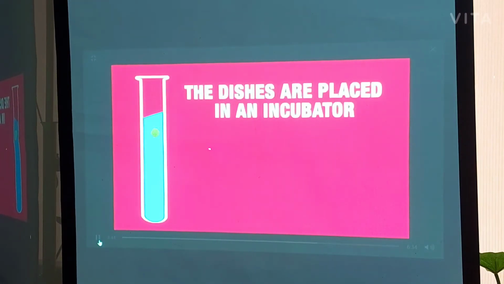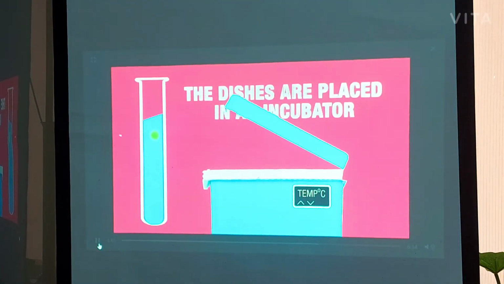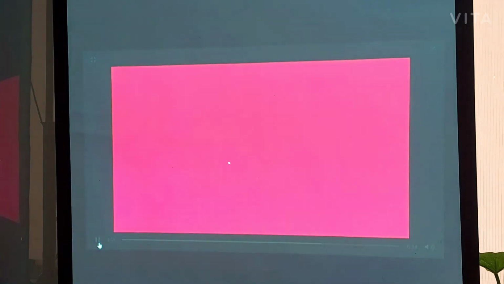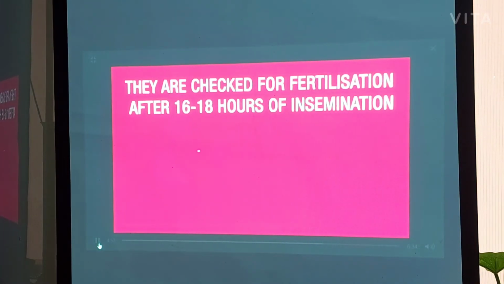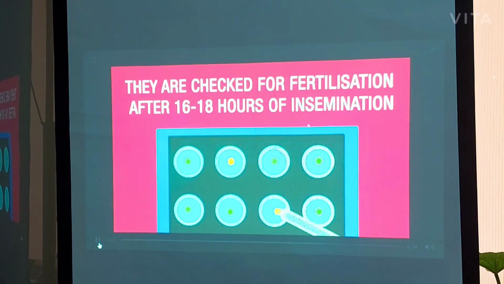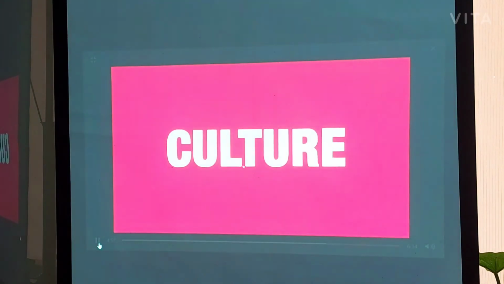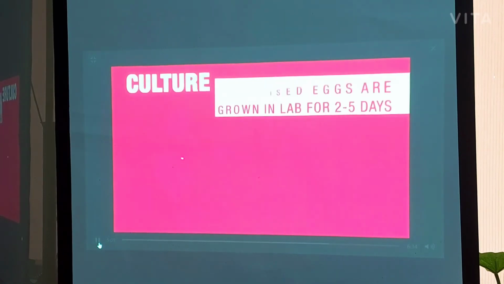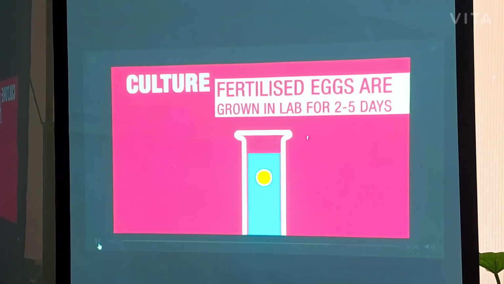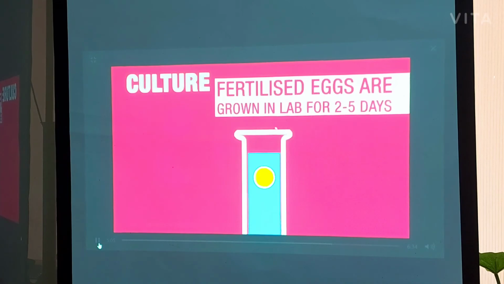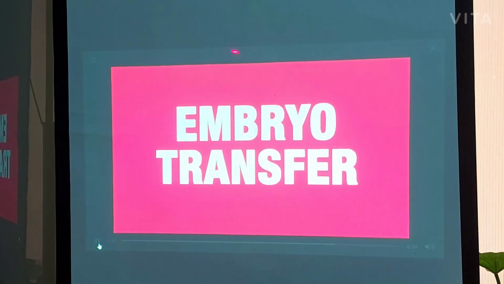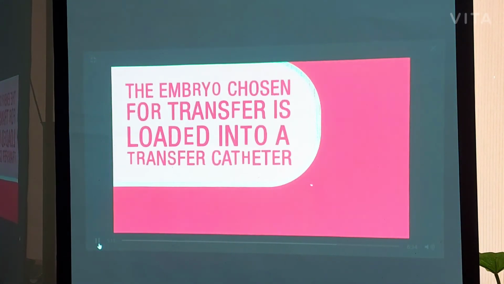Once this is injected, the resulting egg is placed into an incubator, and 16 to 18 hours after insemination, they are checked for fertilization, and you add culture media, put in the incubator, and grow it for about 2 to 5 days. Once the day 3 or day 5 embryos are ready, you plan a procedure called embryo transfer.